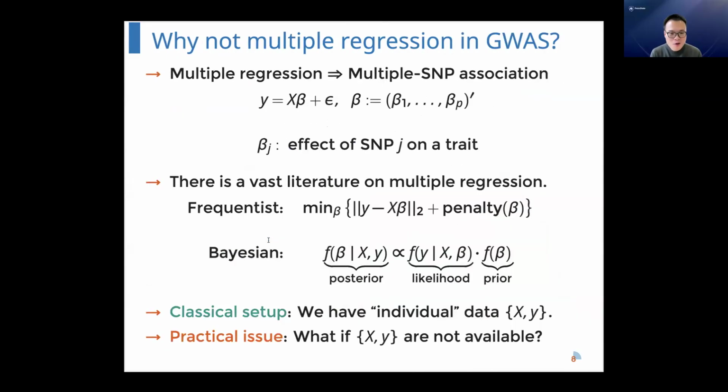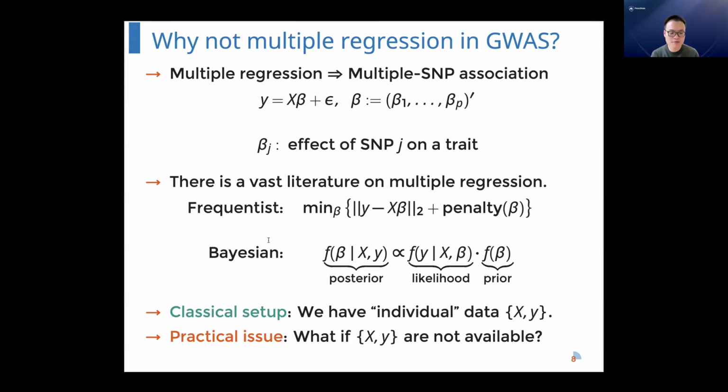We've learned a lot from our traditional regression classes here at Penn State or at any other institution. We teach a lot about multiple regression, and we have the frequentist approach, minimizing the distance and introducing some penalty to deal with the high dimensional case.